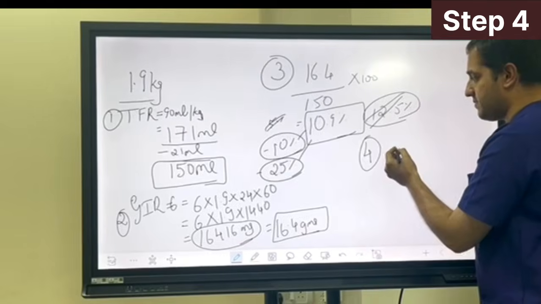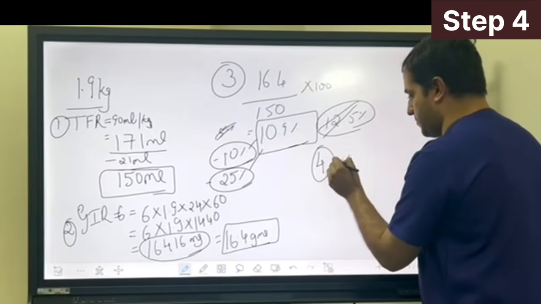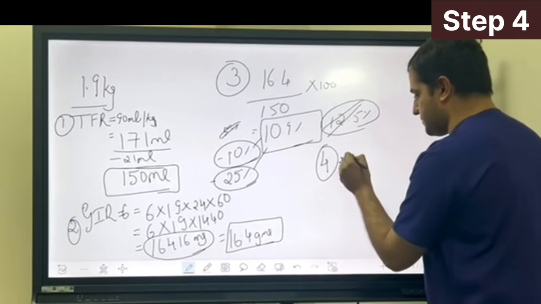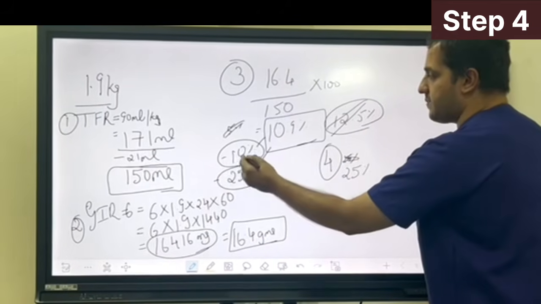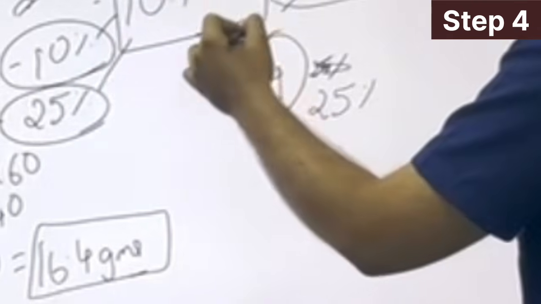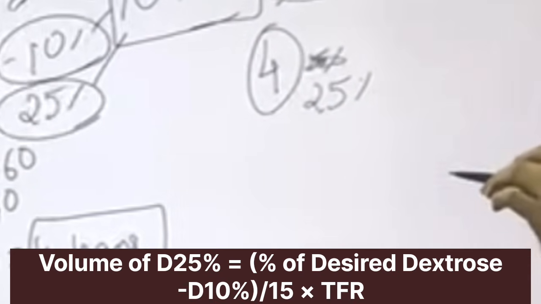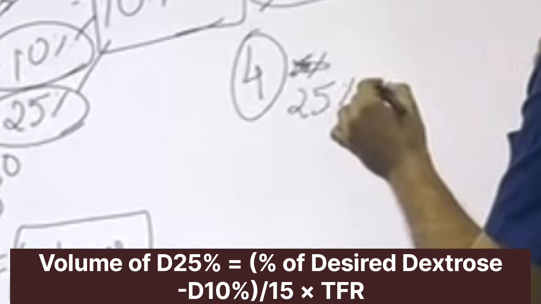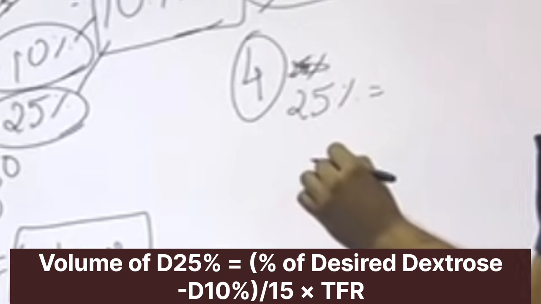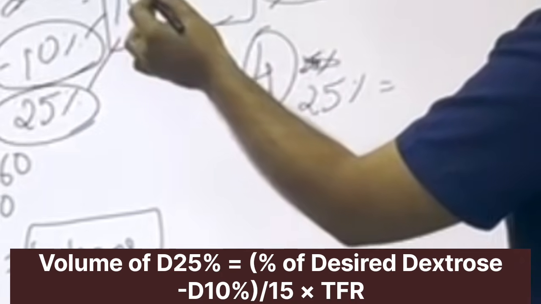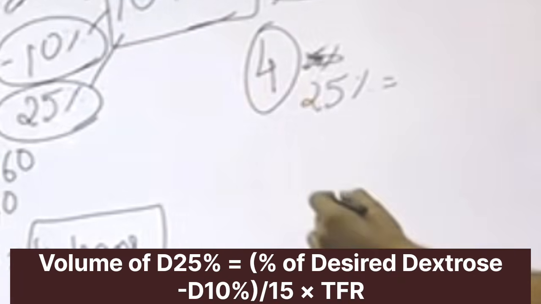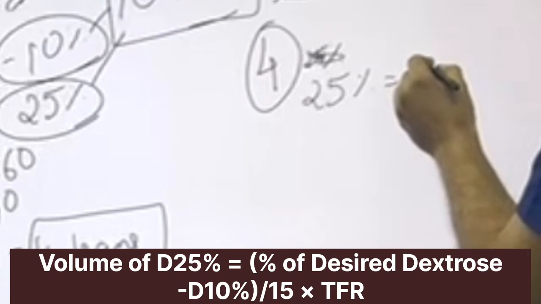So how do you decide the ml of 25% dextrose? I want to mix two fluids, 10% and 25%, so that my ultimate concentration is 10.9. How much 25% dextrose I have to mix will be decided by the difference between this value and this. So how much is it? 6.